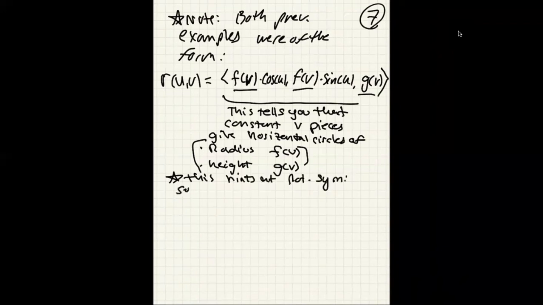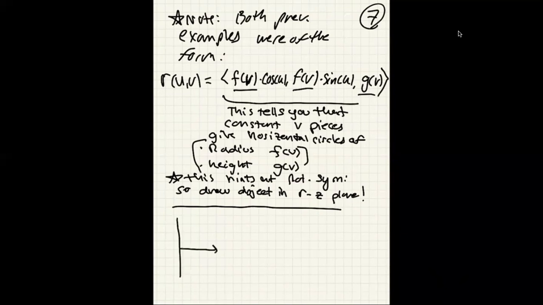So draw the object in the RZ plane. What you'll have in the RZ plane is a single parametrized curve. So you'll have your R and your Z, and this is unfortunate: this R means radius, and is different from that vector r.